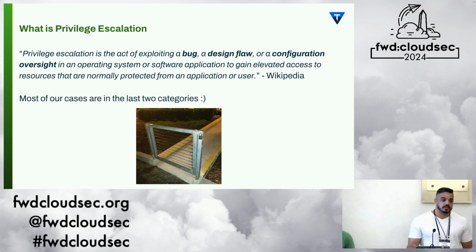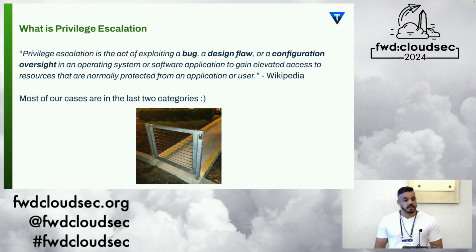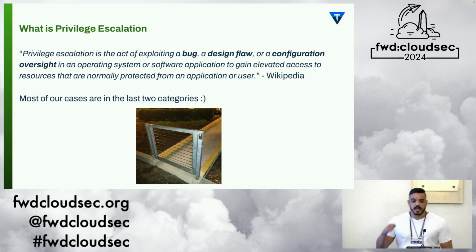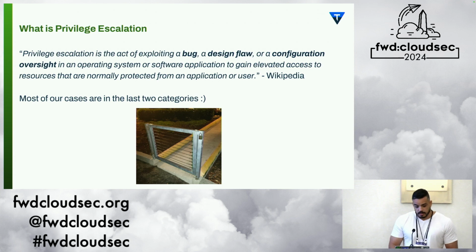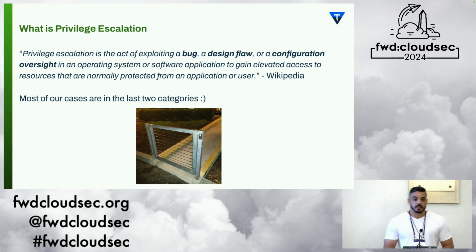When we are talking about cloud, we are talking about actions that you can do against the control plane. So you can leverage some kind of actions, some kind of misconfiguration, and get permissions to do a little bit more actions. In our case, when we talk about cloud, basically it falls under the last two categories, design flaws and misconfigurations, right?